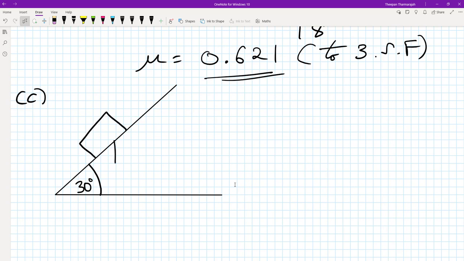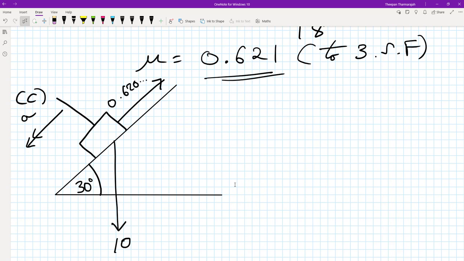We've got our weight, 10 newtons. So now the horizontal force has been removed. The particle is trying to slip down. Therefore, frictional force is opposing motion, so it's going up. So it's going to be 0.620 times whatever R is. So we've got R.